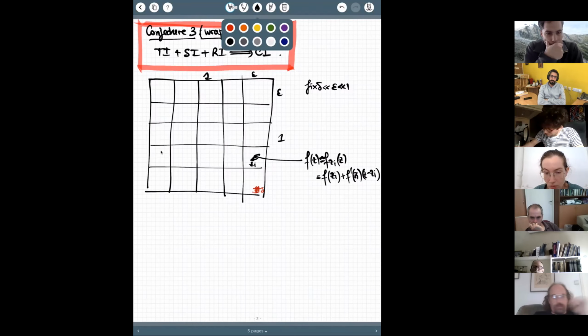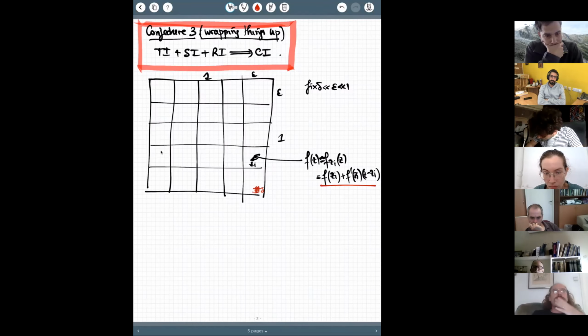This application, by the way, is the composition of a rotation, a translation, and a scaling. This is exactly what you get for free from the fact that f is conformal. And the approximation is a second order approximation in z minus zi.